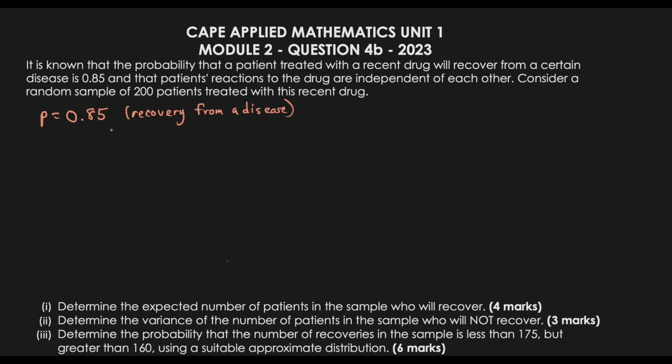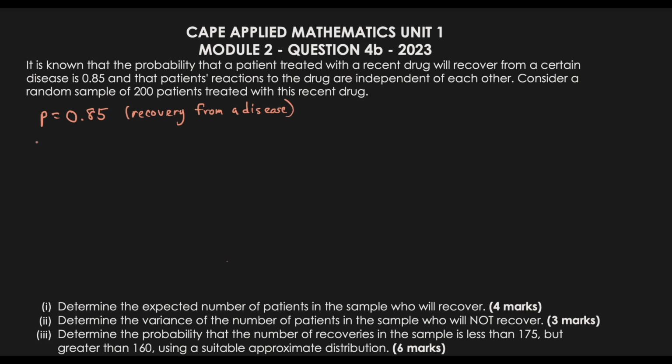So when I'm looking at this already, I'm seeing it laying the ground floor for binomial. They're independent situations. We could either have two scenarios. You either recover or you do not recover. And we have to consider a random sample of 200 patients treated with this recent drug. So we have a cap on the number of trials. So if you go back to what we did in question 3, this qualifies for a binomial distribution.